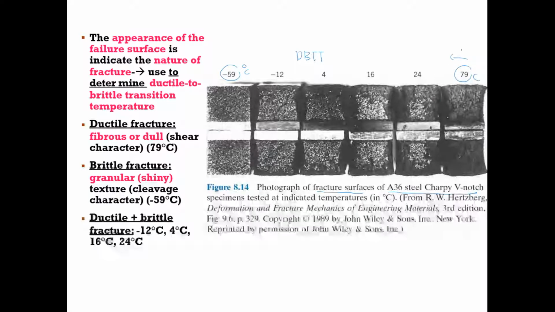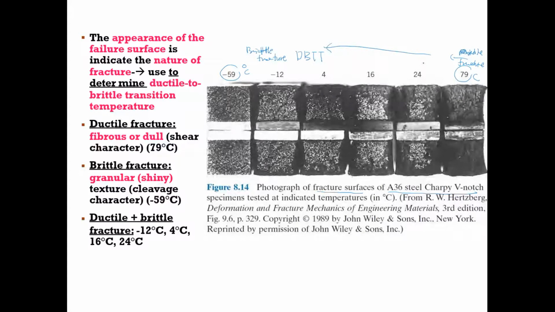What happened here, you can see from this morphology, this is the ductile material. This is ductile, then it transforms into brittle fracture. For ductile fracture here, it's fibrous or dull, with shear characteristic at 79 degrees Celsius.